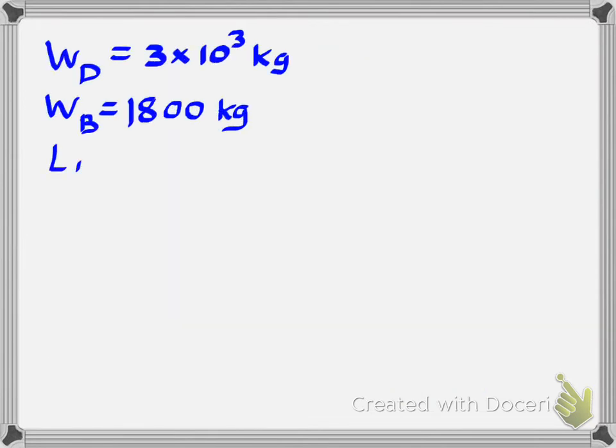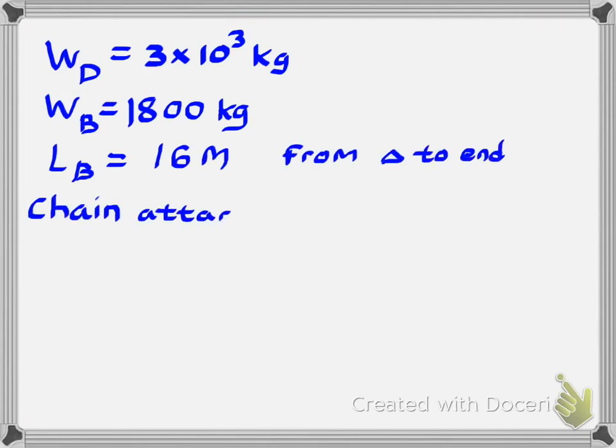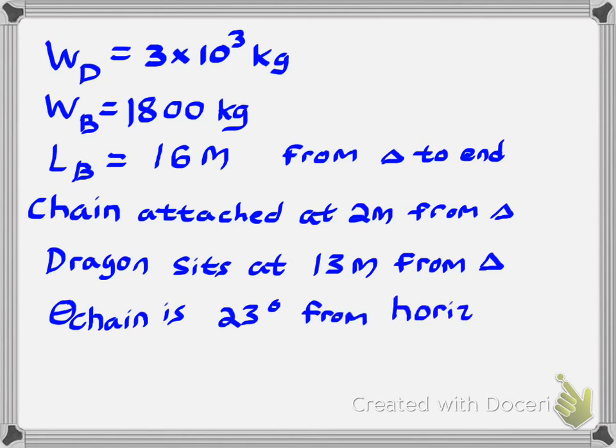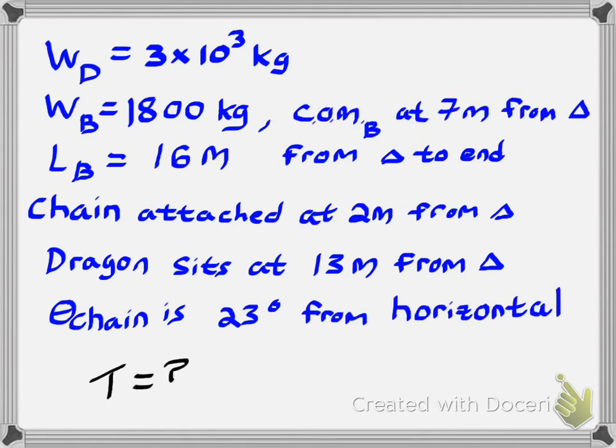Well, given these values here: the weight of the dragon, the weight of the bridge, the length of the bridge from pivot to end, the chain is attached 2 meters from the pivot, the dragon sits 13 meters from the pivot, and the angle between the chain and the horizontal of the bridge is 23 degrees. And the center of mass of that bridge, where the weight acts, is 7 meters from the pivot.